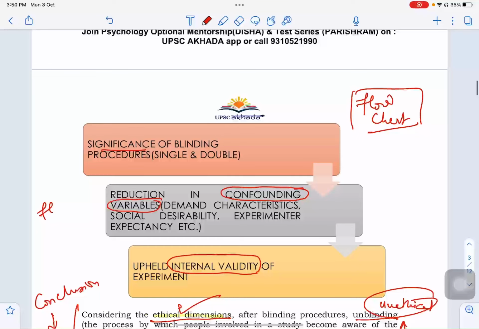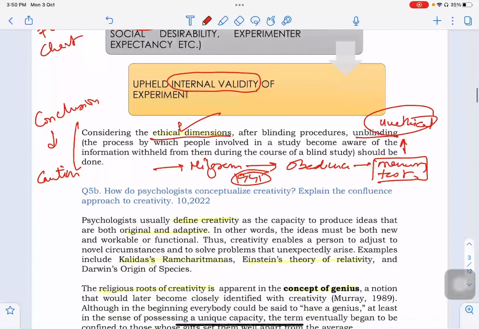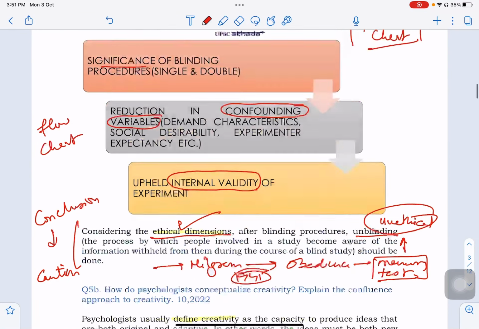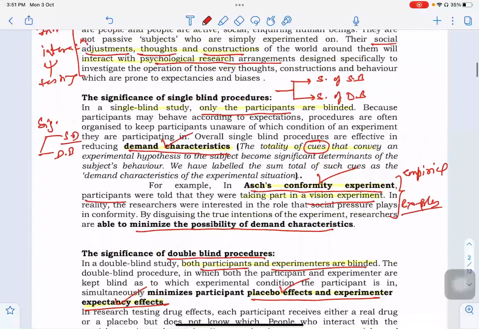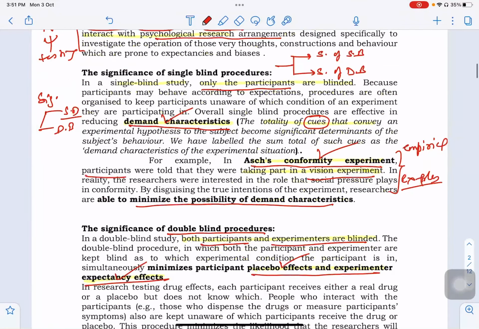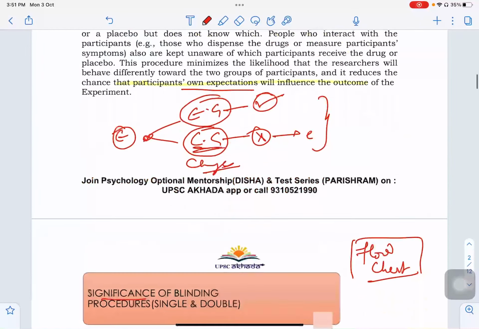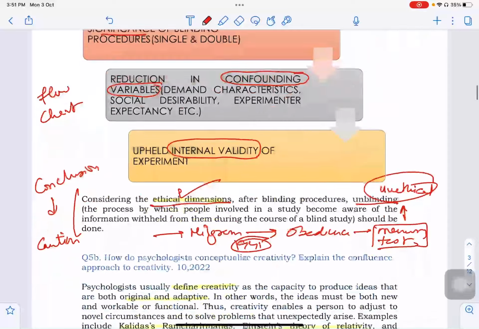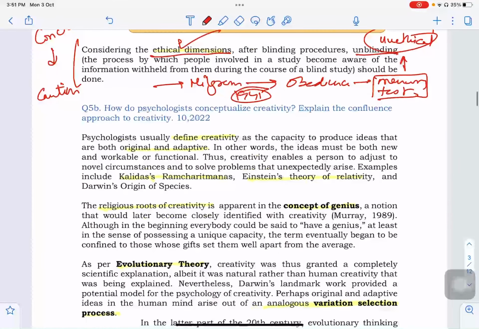Then we draw a flow chart, and in conclusion, we give the caution कि ethical dimensions का भी ध्यान रखना चाहिए. So this is more or less a complete answer with good structure, presentation, flow chart, examples. This is the way you should write answers in real-time scenarios.